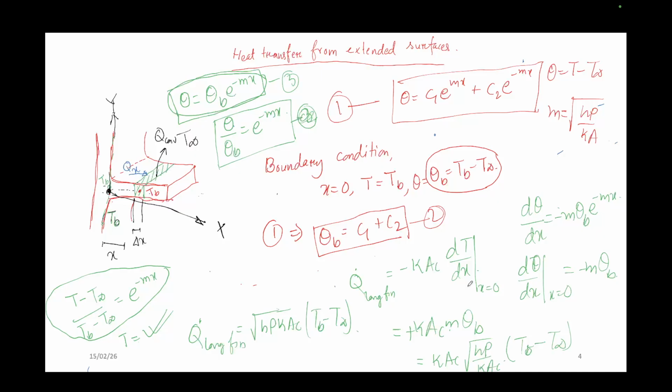So can I move to the next case? Okay. So the next case, what is this case? This case was for a long fin, that means the fin is long.